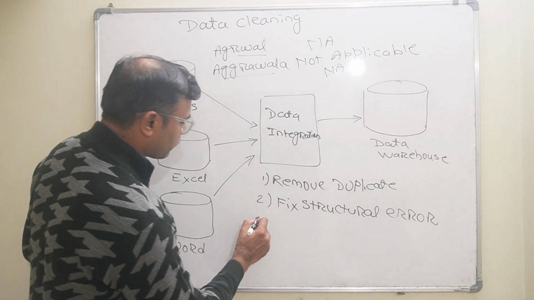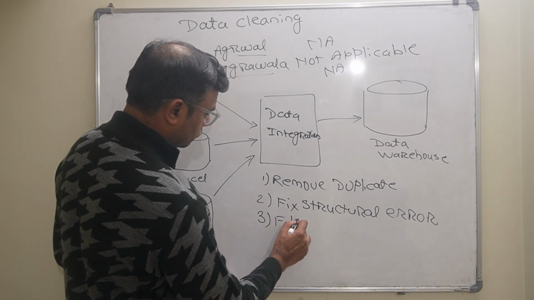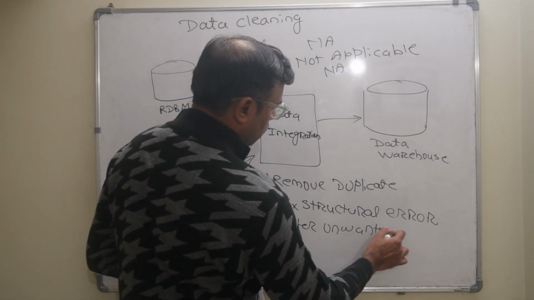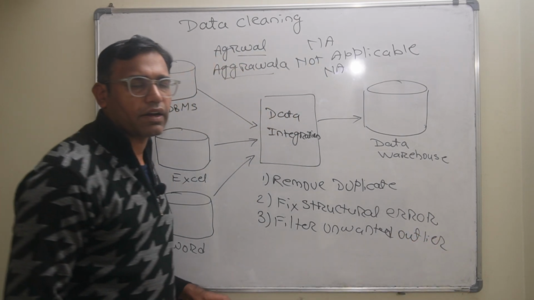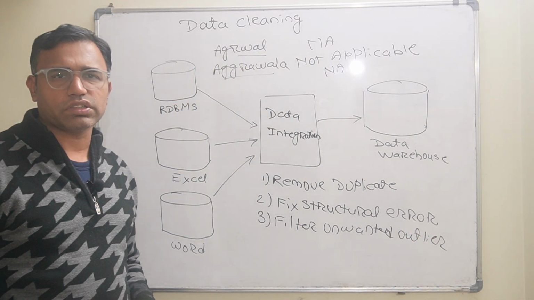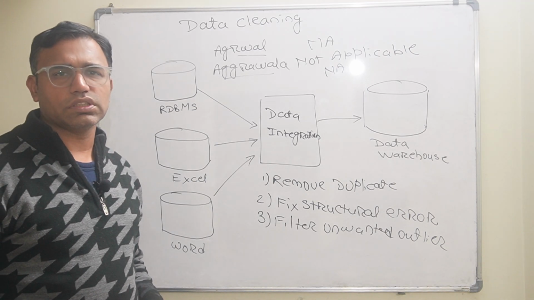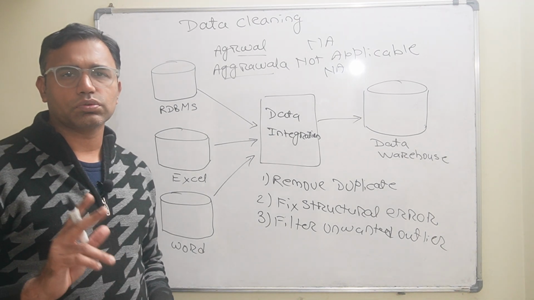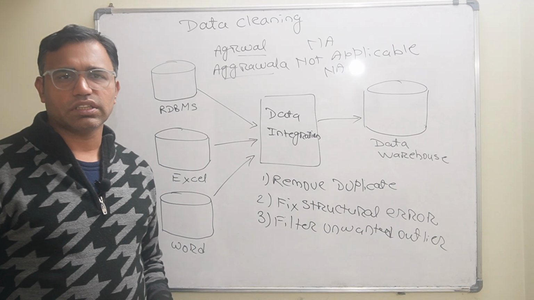Third is fix or filter unwanted outliers. Now what is an outlier? Outlier means the data which does not satisfy the condition. The example is, suppose there is a class of 60 students, 59 students are wearing yellow t-shirts and one student is wearing a white t-shirt, so that white t-shirt is nothing but an outlier.